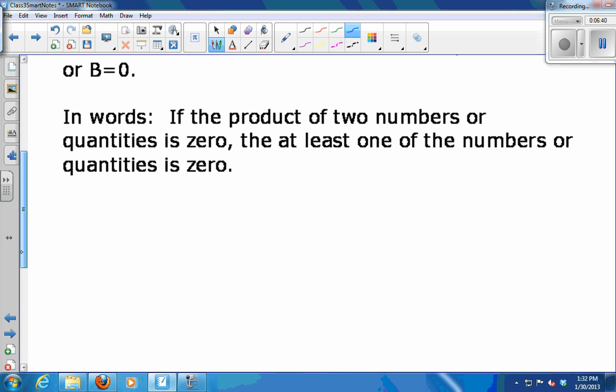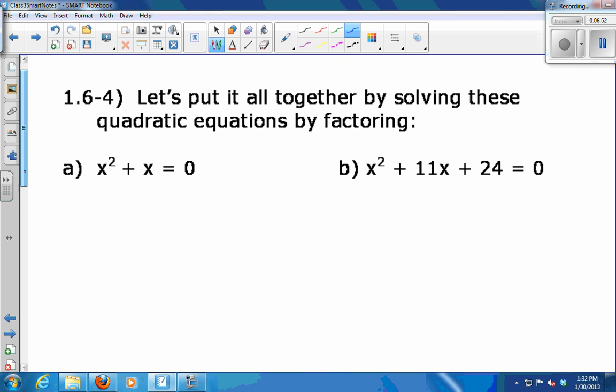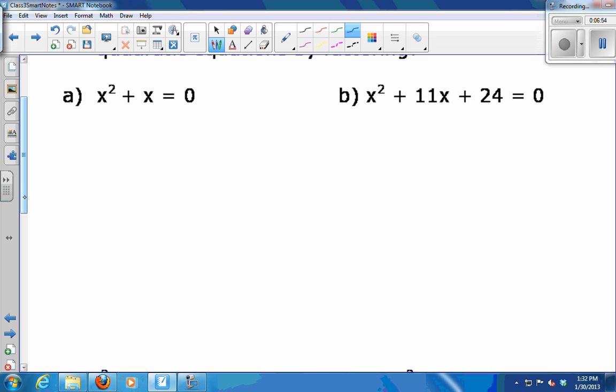So that means that if you can factor a quadratic, and have one side be 0, then we can solve it by saying, well, either one factor or the other is 0. For each of these, we already factored the left side in the previous example. So x squared plus x, we said that factors to x times x plus 1.